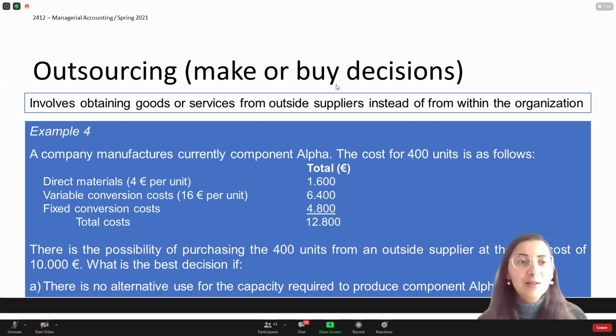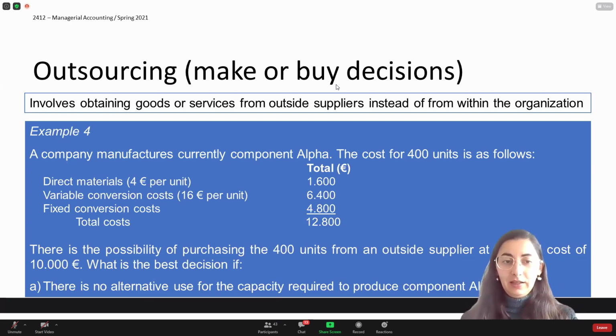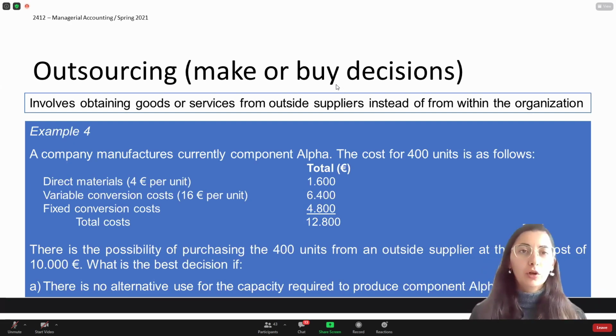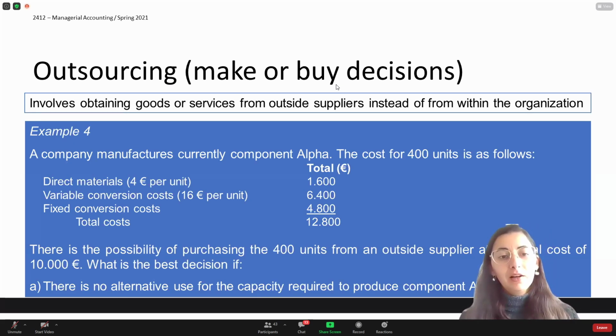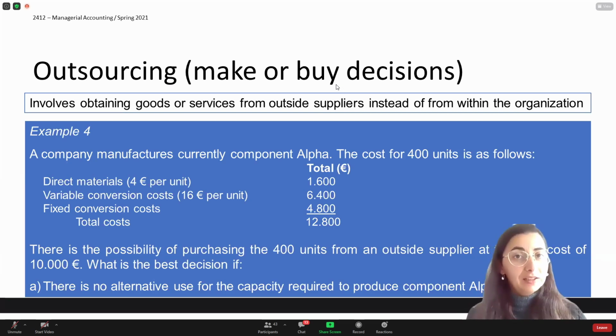Exactly. Okay. So this is again where the trick is. We cannot compare the 10,000 with the 12,800 directly, right? So if we buy outside, what's the total cost if we outsource? Well, we will incur the 10,000 that we pay to the supplier, but we still have to keep the fixed costs because they are fixed.